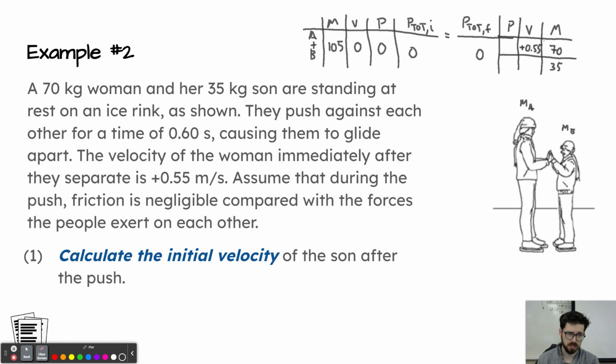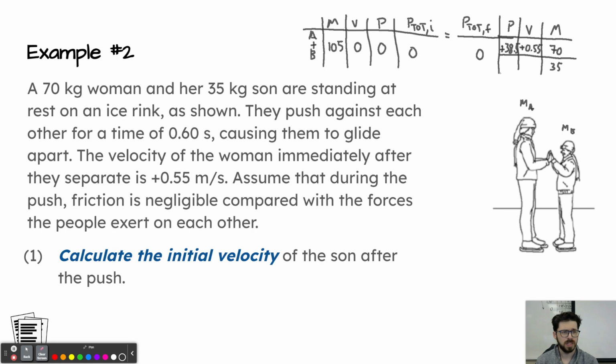So we got 70 times 0.55, and I get an answer of 38.5. So positive 38.5. I apologize that that doesn't fit in the box, but hopefully you guys are able to read that.